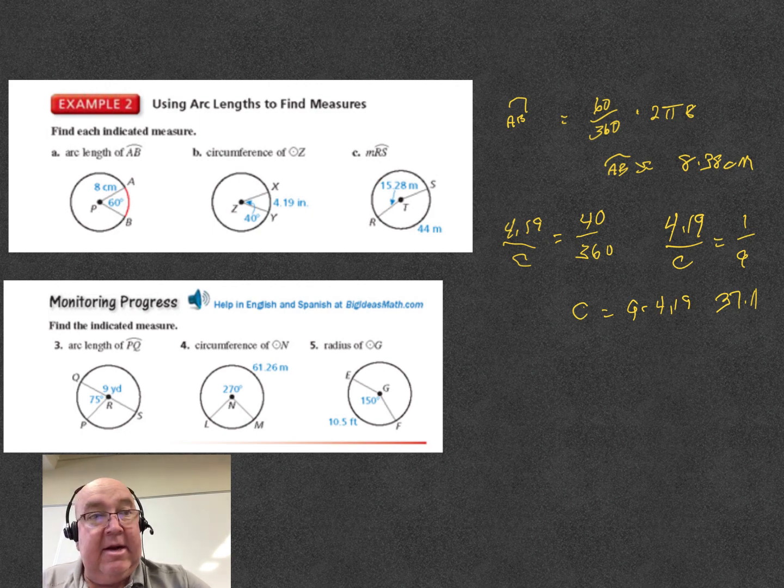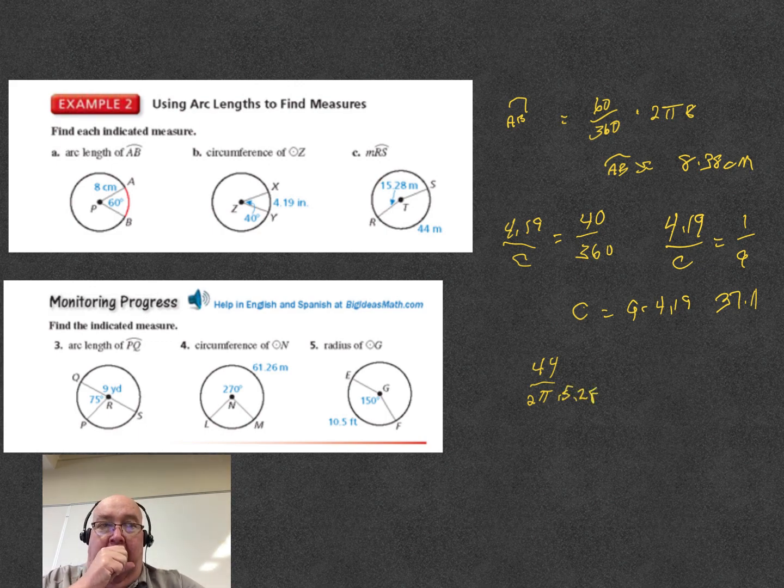And number 3, we're going to go 44 over 2 times pi times the radius, which we have of 15.28, is going to be equal to the measure of the arc that we're looking for, which is RS, over 360 degrees.